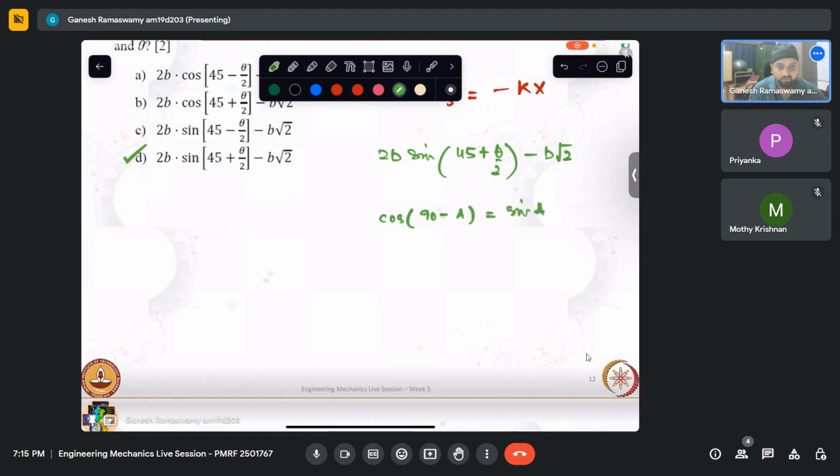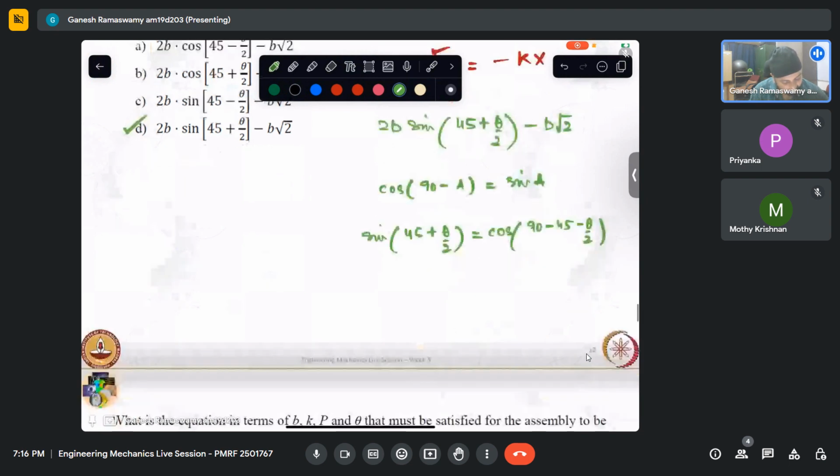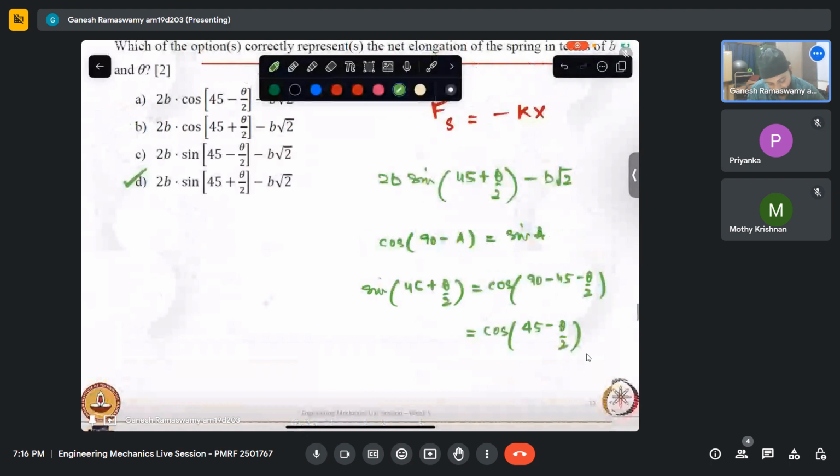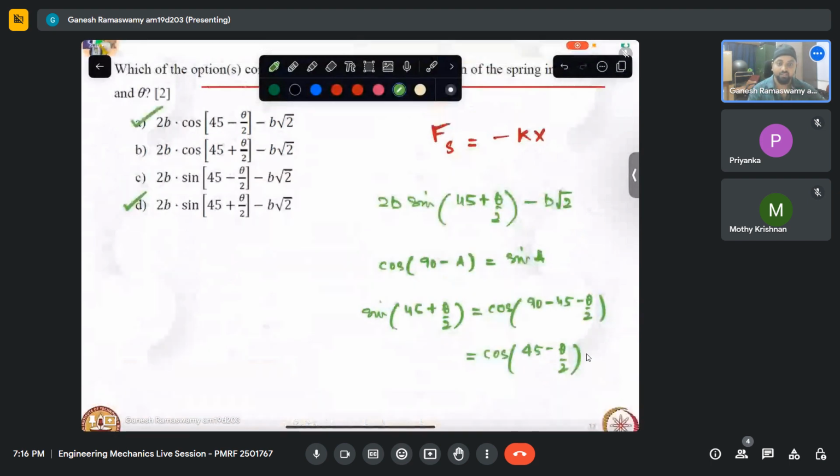So if I take this quantity to be a, sine of 45 plus theta by 2 is same as cos of 90 minus 45 minus theta by 2, which gives me cos of 45 minus theta by 2. So by this we are able to see that option A is also giving the correct elongation of the spring. So I hope that that is clear.